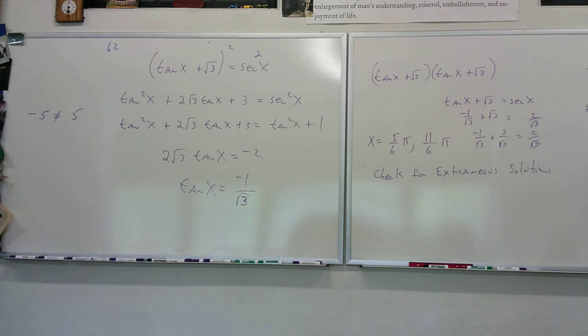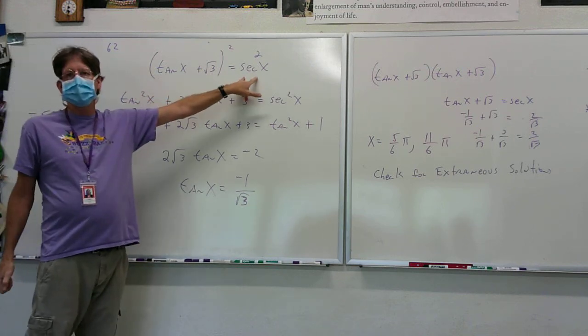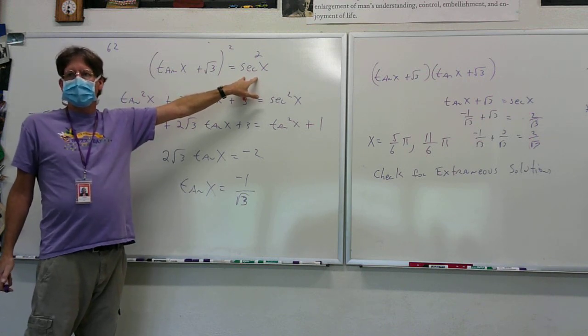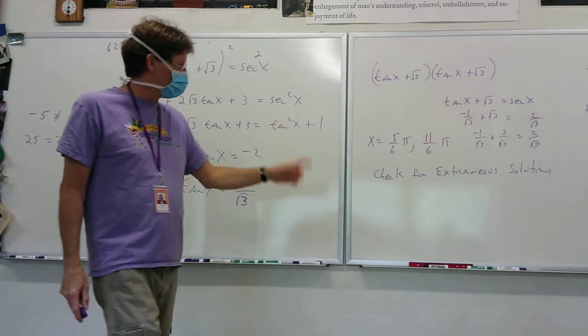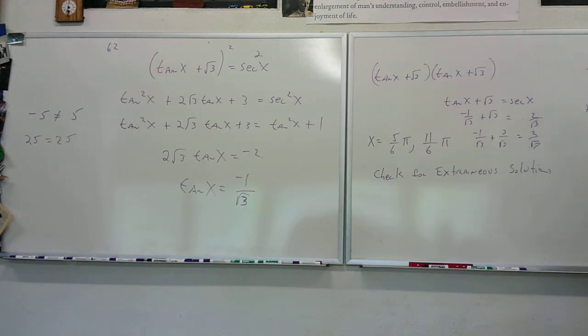It doesn't, does it? But what happens when you square both sides? They end up being equal, see? So what's happening here is you might have a case where this comes out to be negative 1 and this comes out to be positive 1. Well, they're really not equal, are they? But after you squared them, they were equal. So that's the reason you always have to check for extraneous solutions after you square both sides.